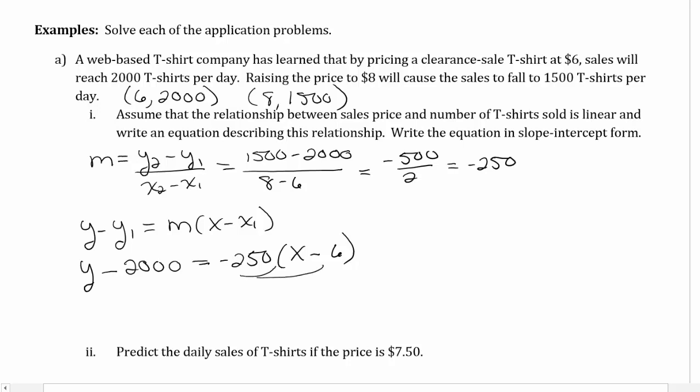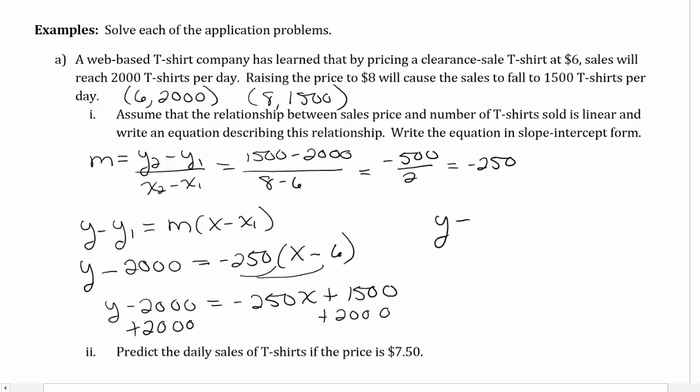Distribute the negative 250. So we get negative 250x plus 1,500, and then add 2,000 to both sides. So we get the equation y is equal to negative 250x plus 3,500.